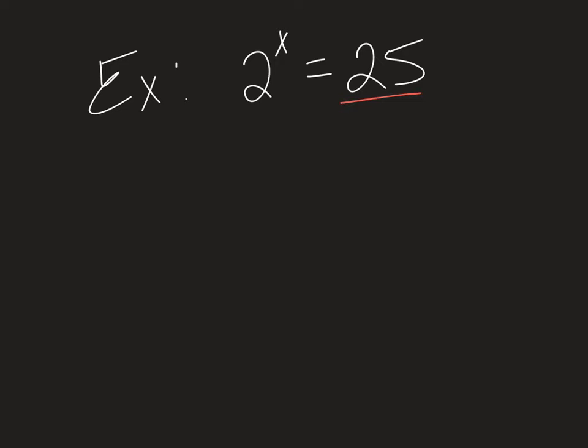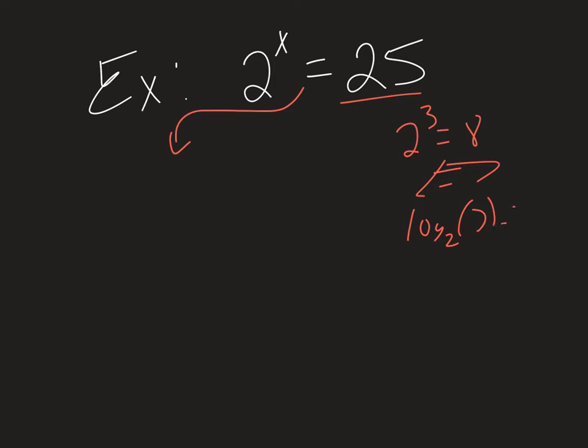So when you hit something like this, we can rewrite it as a logarithmic equation. Remember our little example, 2 cubed equals 8 if and only if log base 2 of 8 is equal to 3.